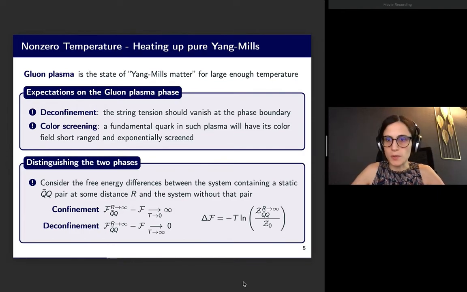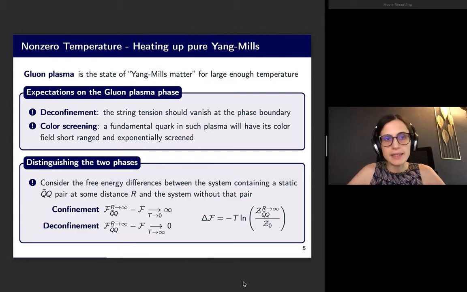We know that this will be characterized by deconfinement, and based on the fact that confinement is signaled by a linearity in R of the potential with a proportionality constant given by the string tension, we understand that when we move to the gluon plasma, the string tension should vanish, and it should do that exactly at the phase boundary.